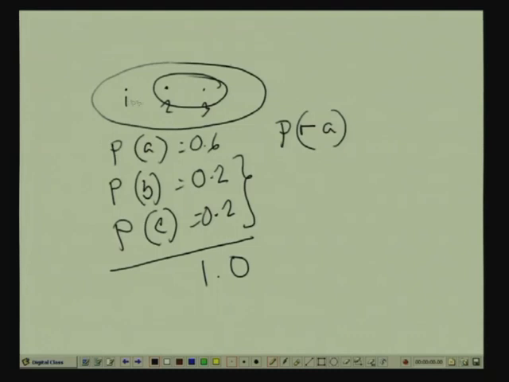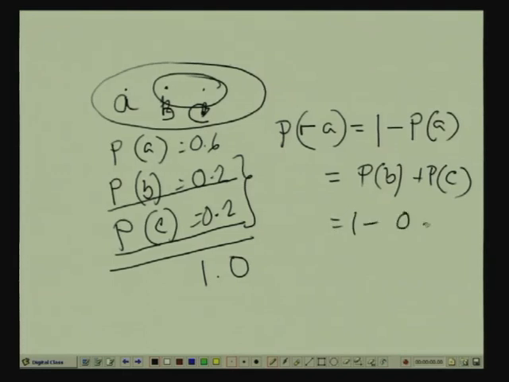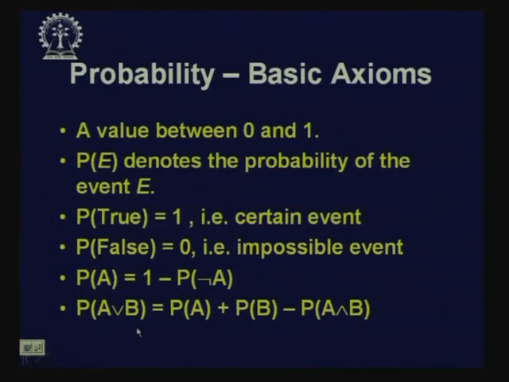I am sorry, this is A, this is B, this is C. So, probability of not A is either probability of B or probability of C. So, that will be the union of this. So, it is 1 minus the probability of A, that is basically the probability of B in this case and the probability of C taken together. So, it will be 1 minus 0.6 equal to 0.4. All right. Similarly, this one we have already discussed. So, these are the basic P A or B we have already discussed.